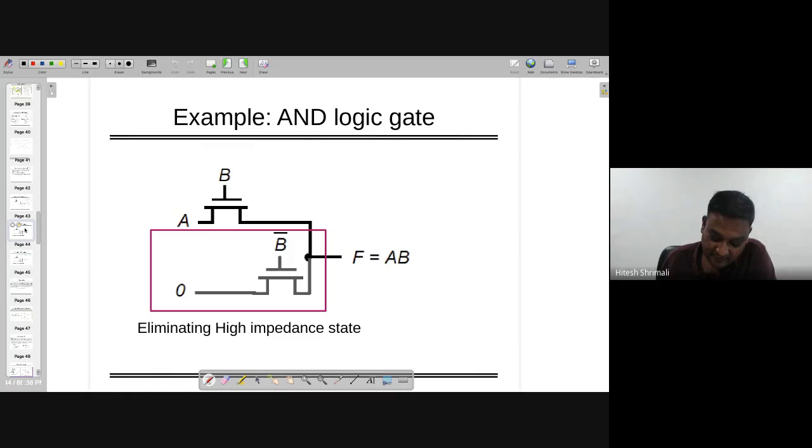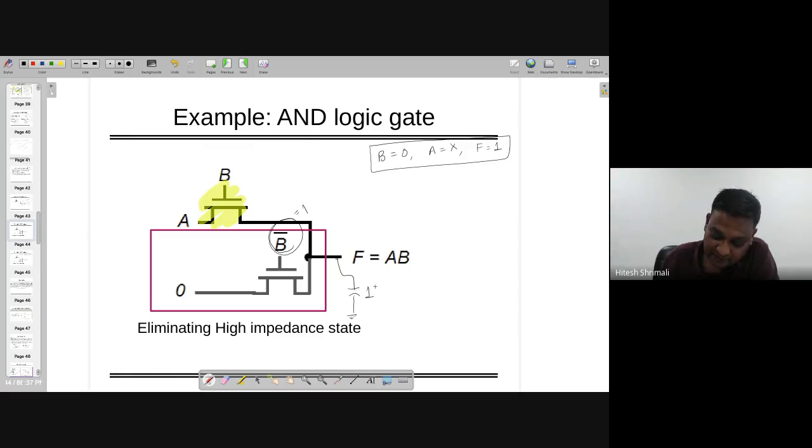What it does: when B equal to 0, then this will become 1. This is off. So let's take the same situation, B equal to 0, A equal to don't care, F equal to logic 1. In that case, this is fixed to 1, no problem.